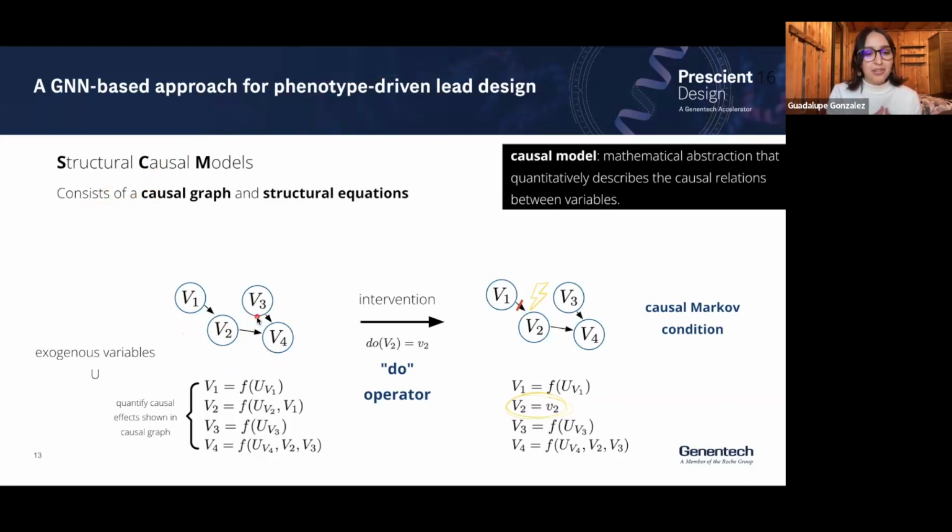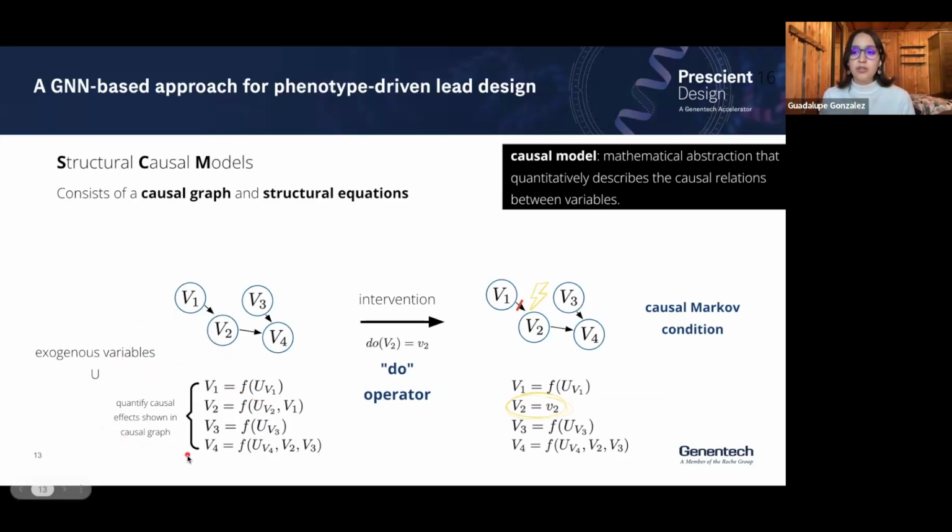I haven't drawn them here, but it is also assumed that each one of these variables depends on what we call an exogenous variable. So V1 would depend on a variable called U superindex V1, V2 would depend on U superindex V2, and so on. And this causal graph is paired with what we call structural causal equations, which are down here.